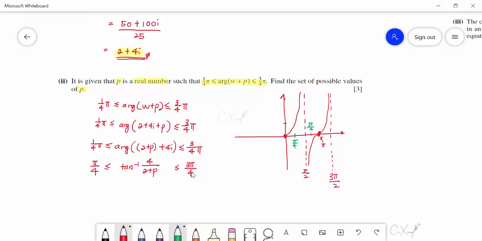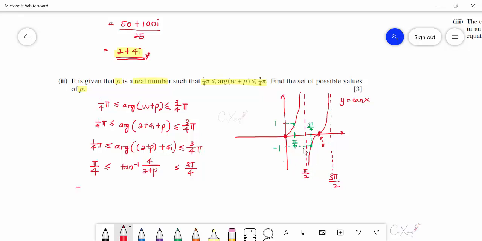You can see that if you take tangent pi over 4, you get the value 1. If you take tangent 3 pi over 4, you get the value -1. So this is the graph for tangent. When you put pi over 4 into the tangent, you get 1, and when you put 3 pi over 4 into the tangent, you get -1.